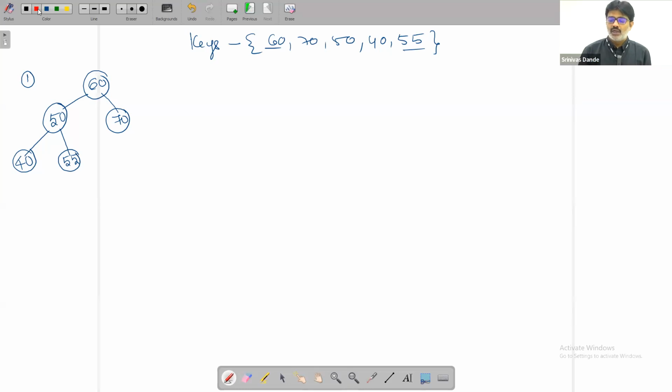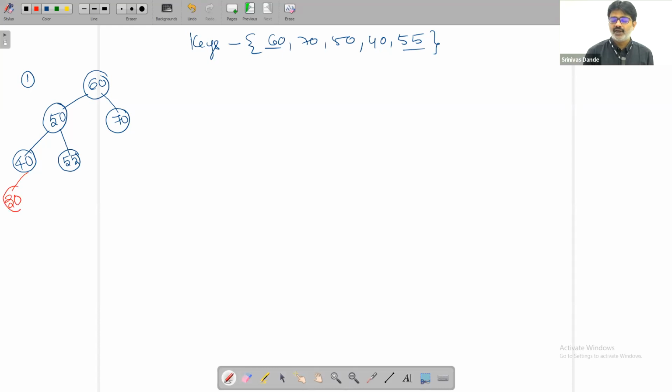Now I am inserting 30. So where will 30 come? Left of 40. Okay, here is the 30.